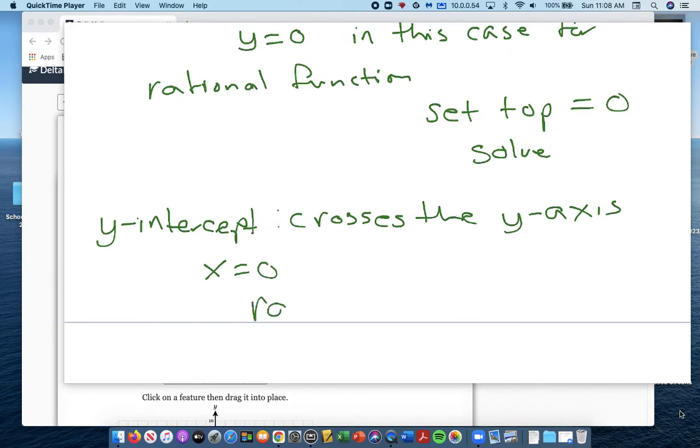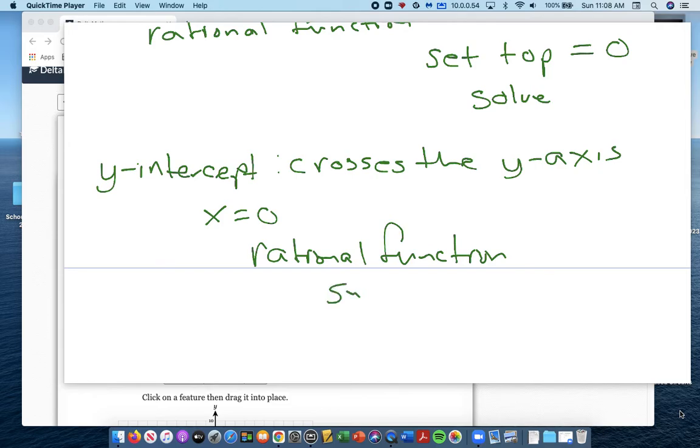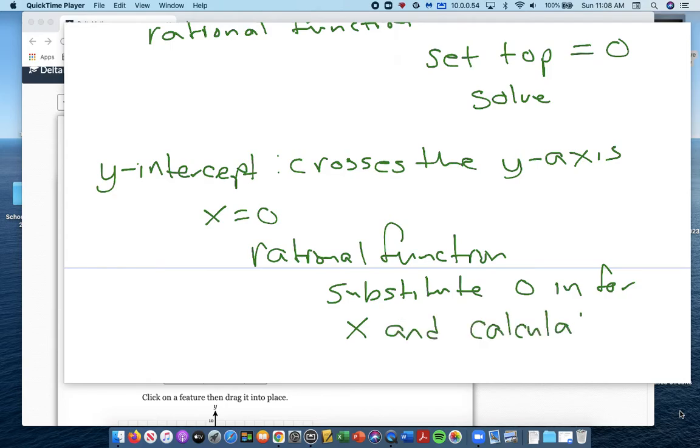For a rational function, what I want you to do is substitute 0 in for x and just calculate. So just substitute 0 in for x and then calculate the y value.